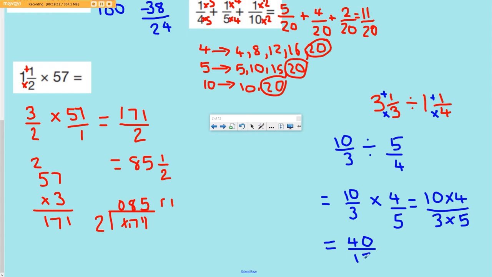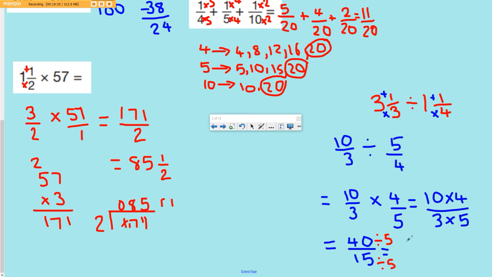Now I can't see what's the difference here, because now they find it's easier to simplify this. Now we already see that 5 could go into both of them. So because we're doing equivalent fractions, we're going to divide this by 5, and we're going to divide this also by 5.